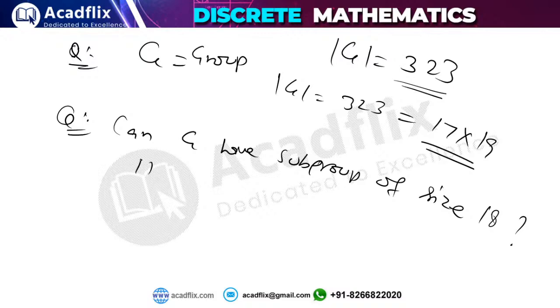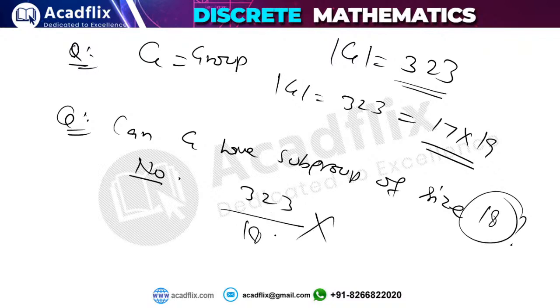You can answer it very easily. No, there won't be any subgroup of size 18. Why? Because Lagrange theorem says that if you have a subgroup of size 18, then that should divide 323. But you can see 18 does not divide 323. So that's why you can say that no subgroup of size 18 is possible.